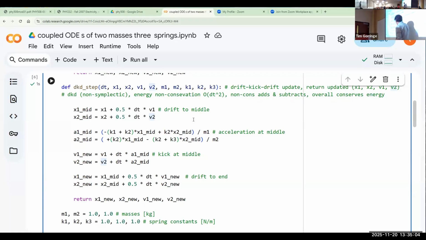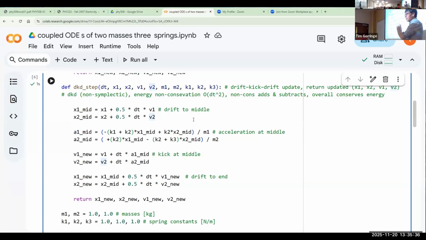So here's a second drift to the end of the tick. So stand back from this: I drift the particle, changing its position to the middle of the tick. Then I compute the acceleration and kick it, changing its velocity at the center of the tick. And then I drift it the remaining half to the end. So here's drift, here's kick, and here's drift.